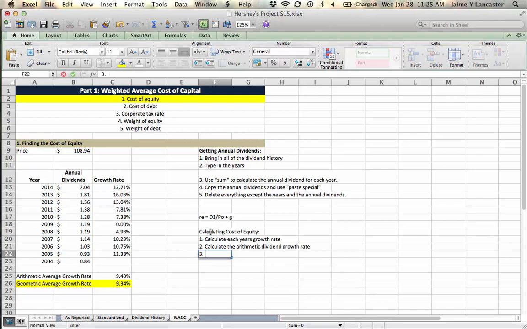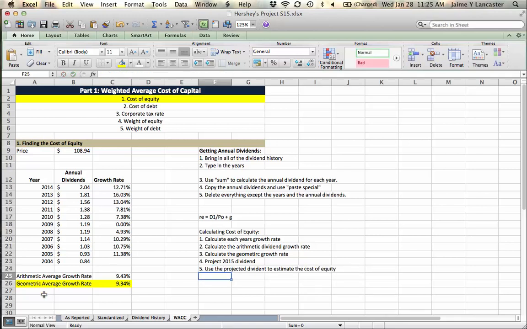Three, we're going to calculate the geometric growth rate. And then four, we're going to project, in this case, the 2015 dividend. If you're looking at this and it's next year, you'd be projecting the 2016 dividend. And then we're going to use the projected dividend to estimate the cost of equity.